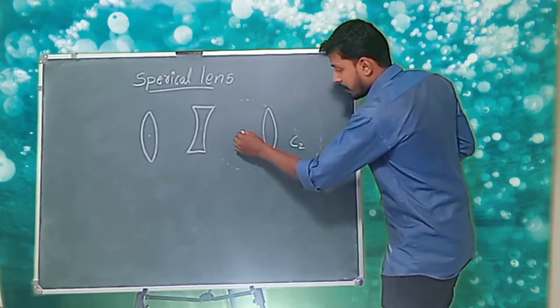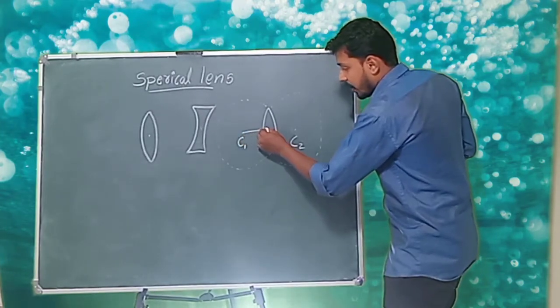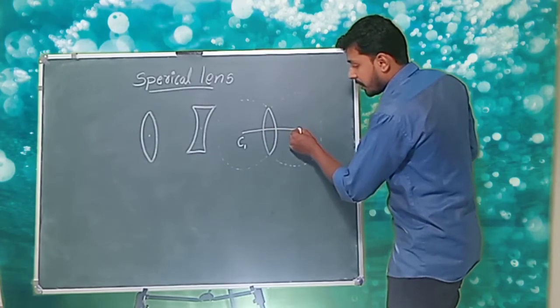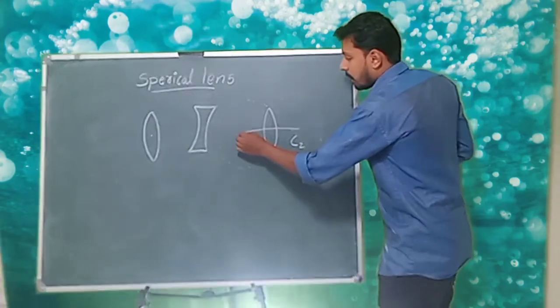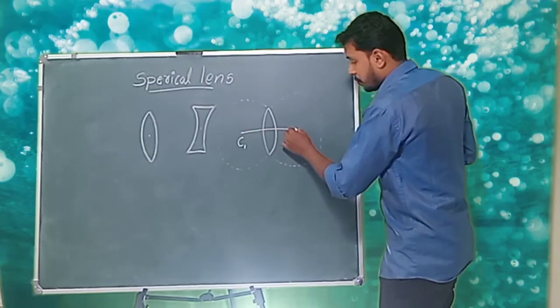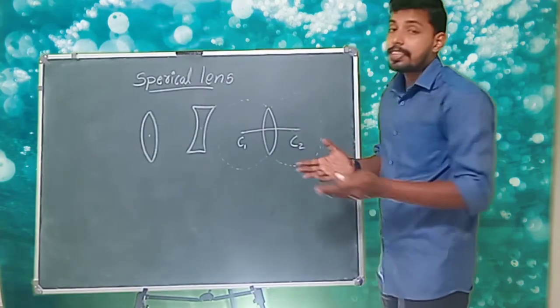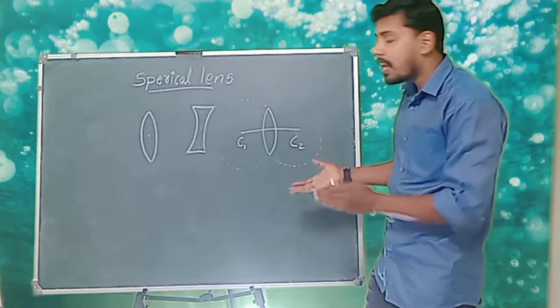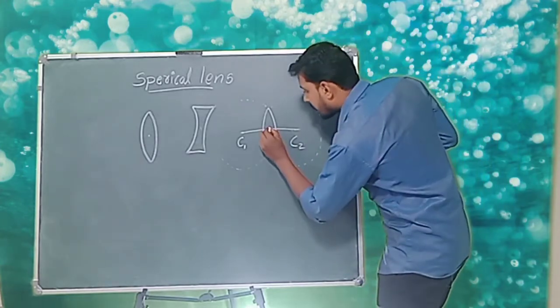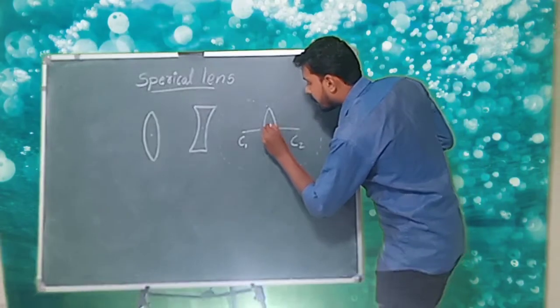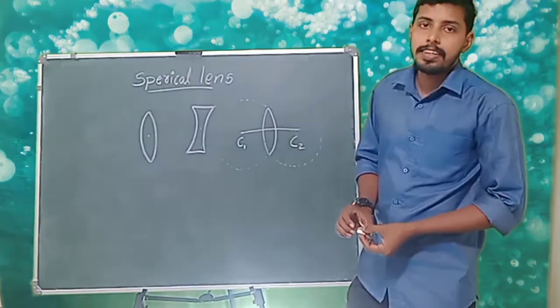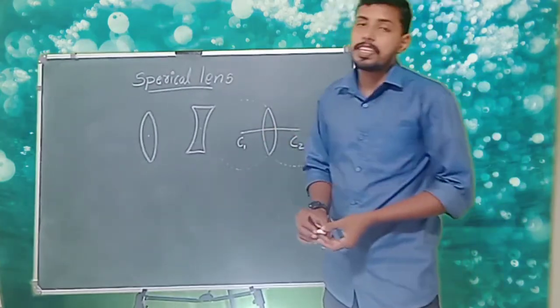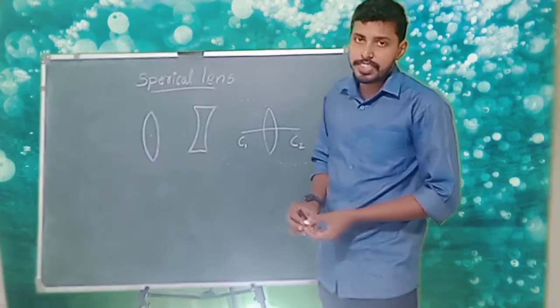If we draw a line through C1 to C2, this line is called principal axis, and here we can find the center of this lens. So we can say that optical center.